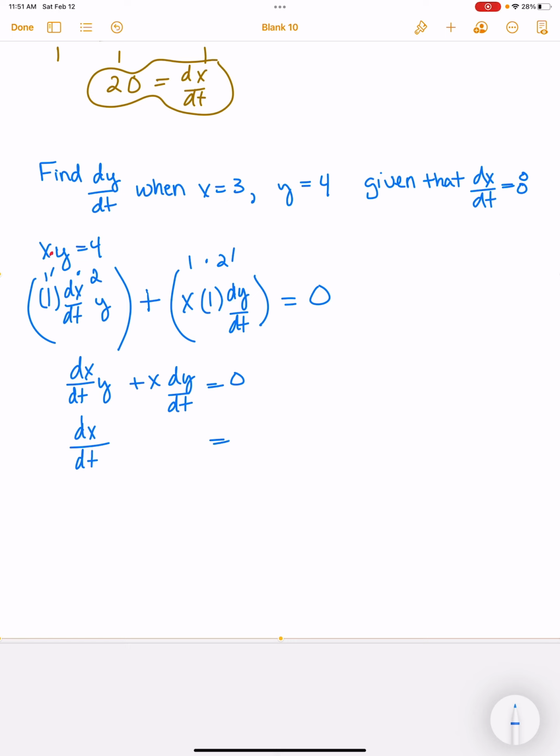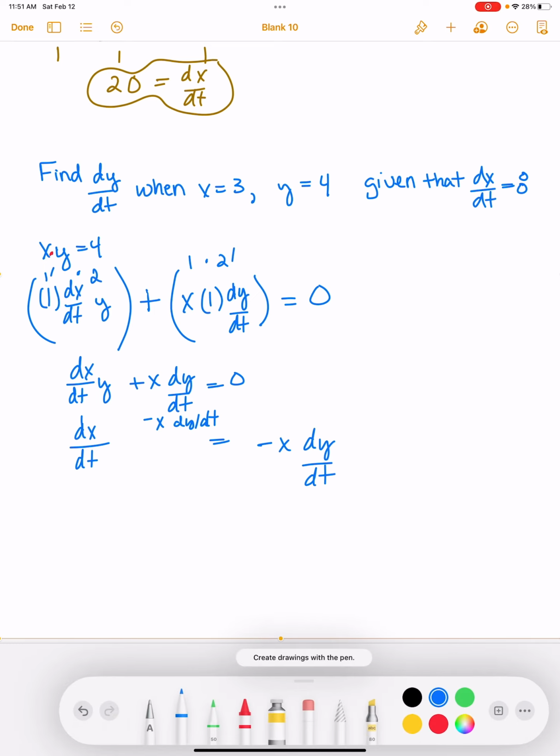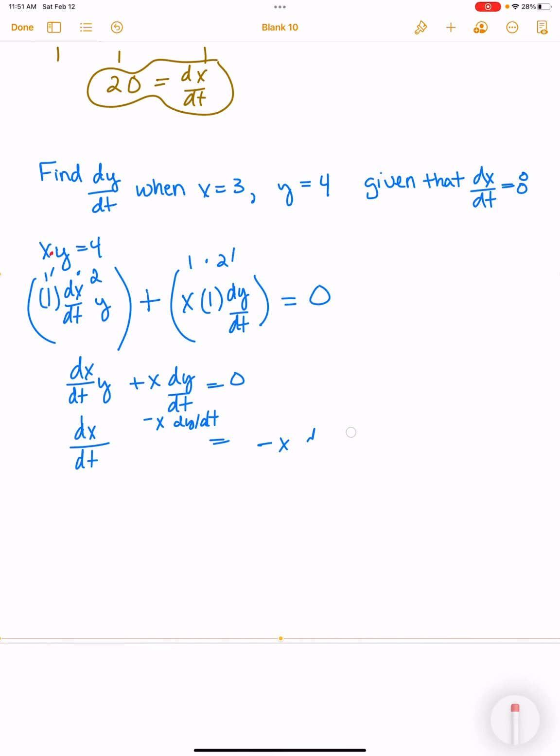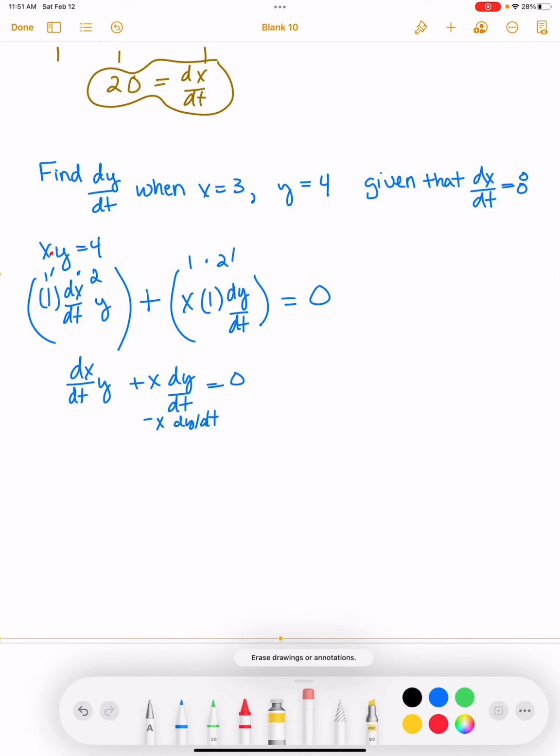So we will say minus, I'm just going to subtract this whole guy to the other side. So we'll have minus x dy/dt. Oh no, I lied. This says find dy/dt. So we'll do that first. Sorry about that.